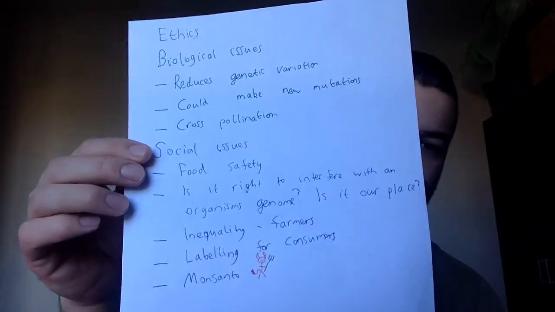And finally, there's the issue of Monsanto, which is a pretty significant genetically modified organism company, but there's been some quite worrying things that they've done ethically over time. You can research it yourself, but they can be a bit of a concern. So Monsanto are an issue with GMOs as well.